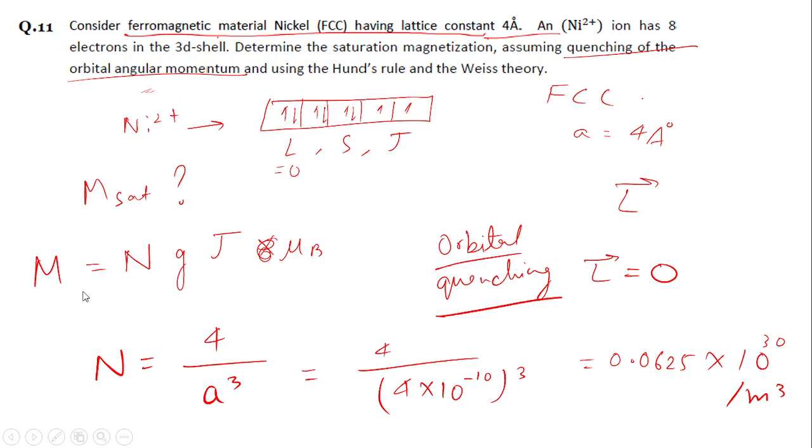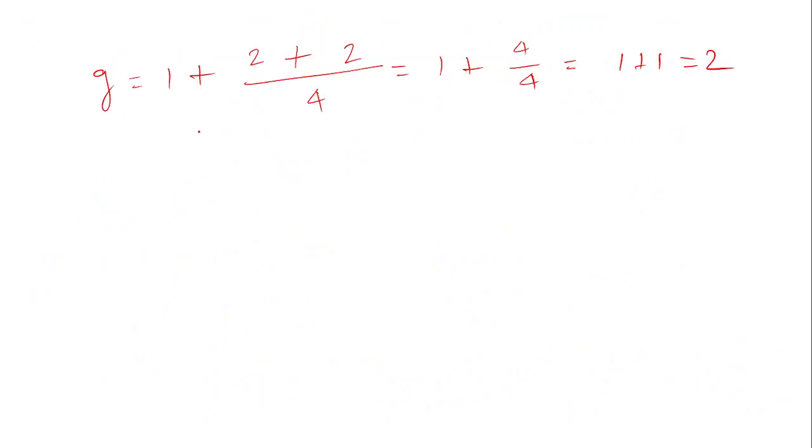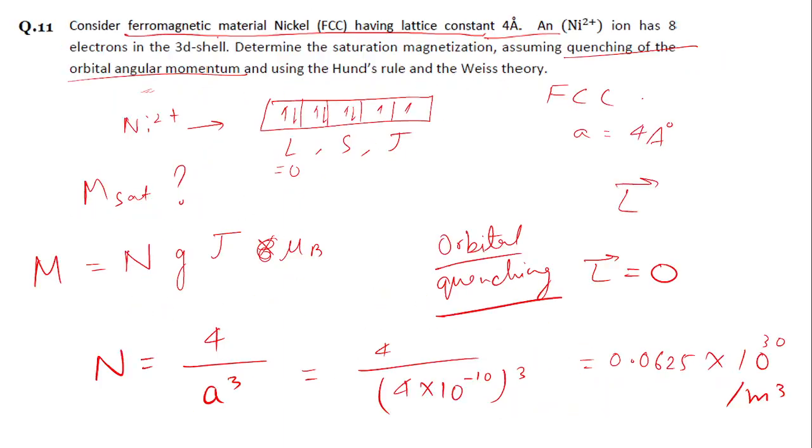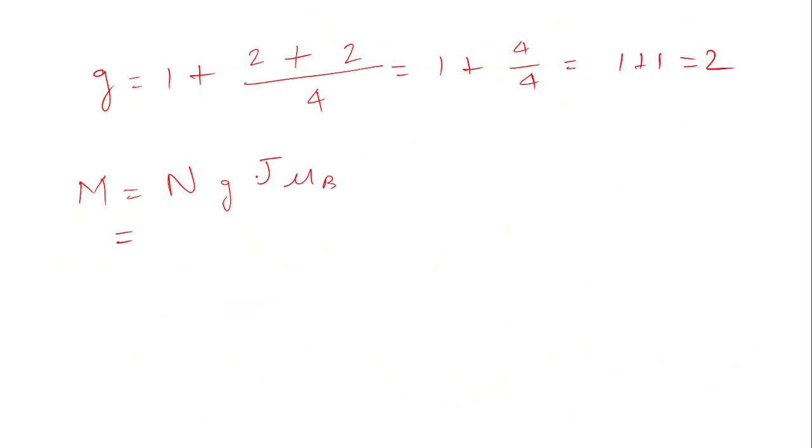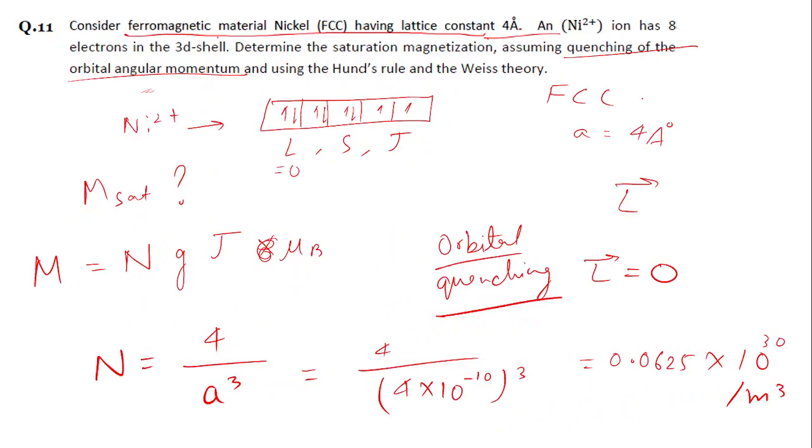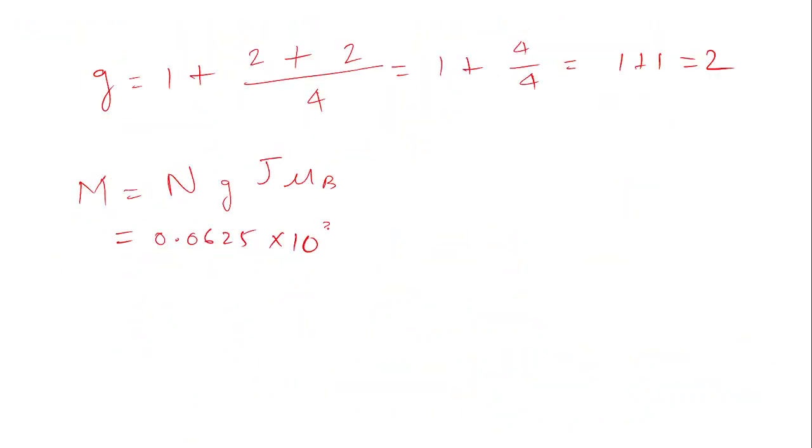We have calculated N, we have calculated G, we have calculated J. The Bohr magneton value we know, so we can find the magnetization for this ferromagnetic material. So magnetization here will be N G J mu B. N we found out was 0.0625 times 10 to the power 30 per meter cube. G is 2, J is 1, and the Bohr magneton is 9.27 times 10 to the power minus 24.